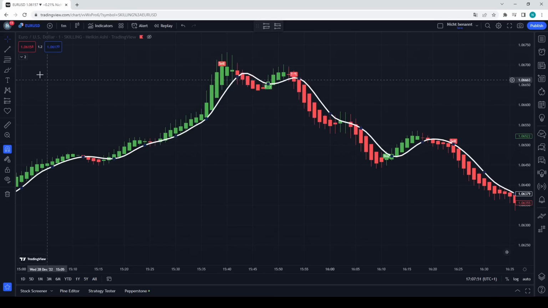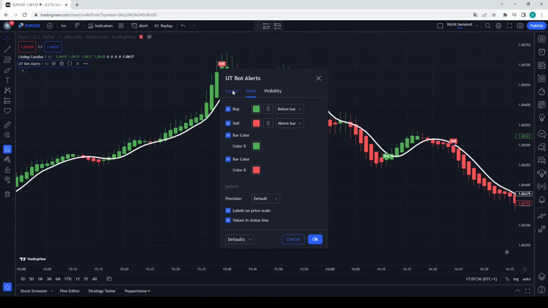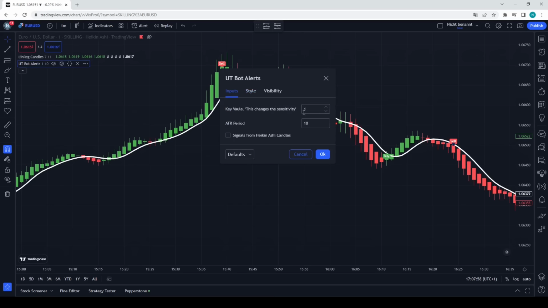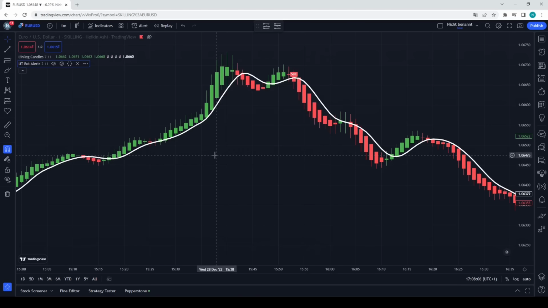We add that one and make some changes here. In the inputs, we put the key value to 2 and the ATR period to 11. Click on OK, and that is already the setup. This is how the chart will look in the end.